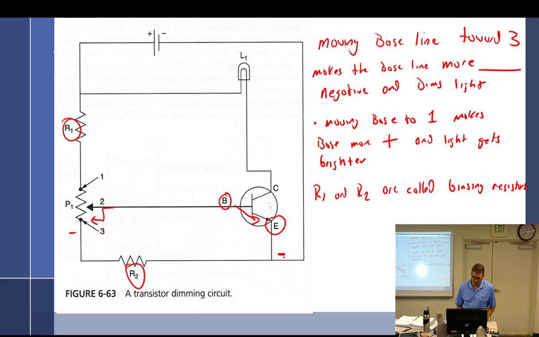R1 is used to create a voltage drop of the battery positive voltage before it reaches the potentiometer. So R1 drops the positive voltage. And R2 is used to lower the negative voltage before reaching the potentiometer. R2 drops the negative voltage before it gets there.